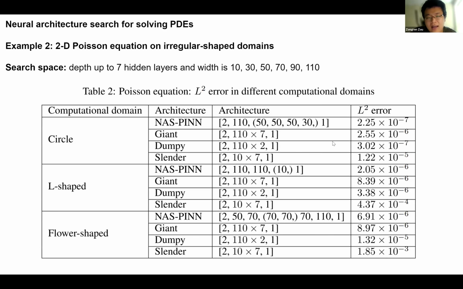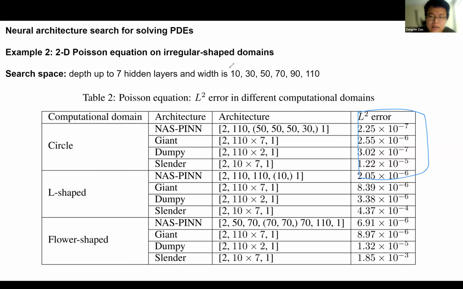I personally don't have a lot of experience with the 2D Poisson equation on irregular shaped domains, but I'm not sure if these L2 errors on the right are actually possible. Normally for the Poisson equation, we can reach 10 to the minus 3, 10 to the minus 4, but 10 to the minus 7, I've never tested it, though I don't have a lot of experience.